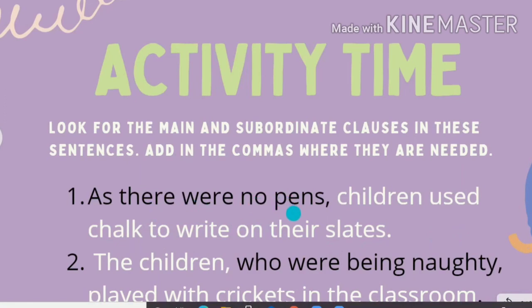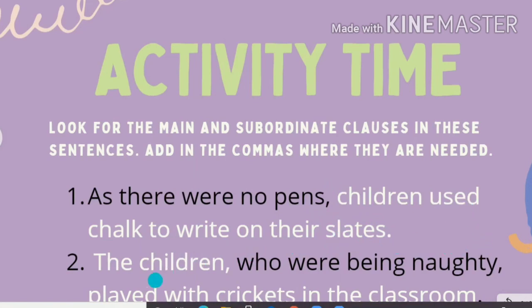Does it make sense to you? No, so it is the subordinate clause. And look at the position. Is it in the beginning of the sentence? Yes, so if a subordinate clause is placed in the beginning of the sentence, it needs a comma after it. And "children used chalk to write on their slates" is the main clause.